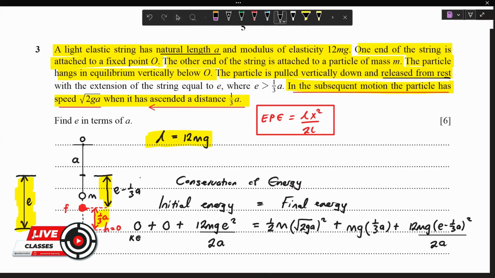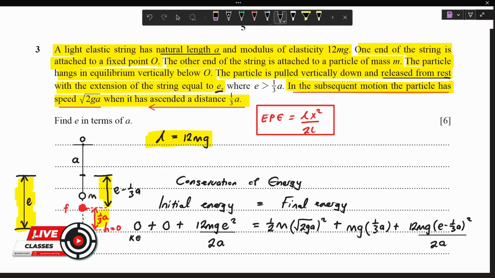Okay, I do understand what you're saying. Let me explain it in two ways. The first thing that you need to understand is that the reason why we used E as the extension, even without using the diagram, is they say it in the question. They say when the particle is released from rest, the extension of the string is equal to E. So that mere reason qualifies us to make use of E as the extension.